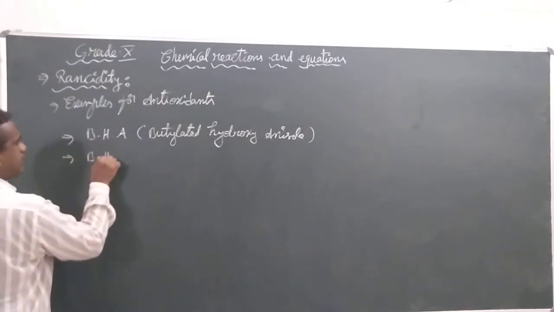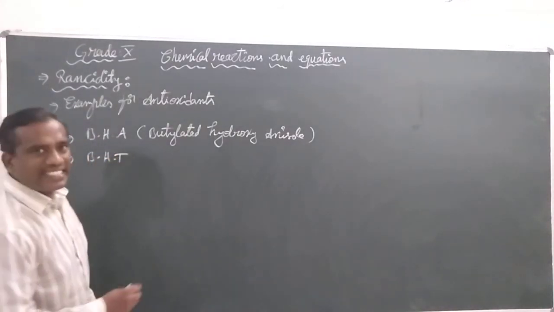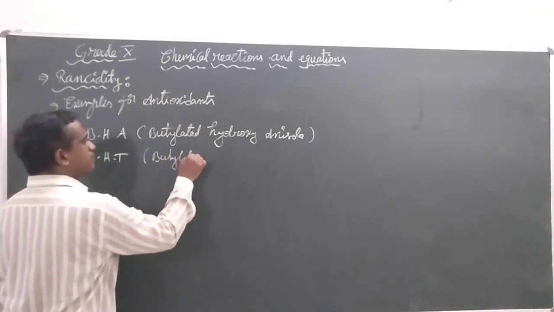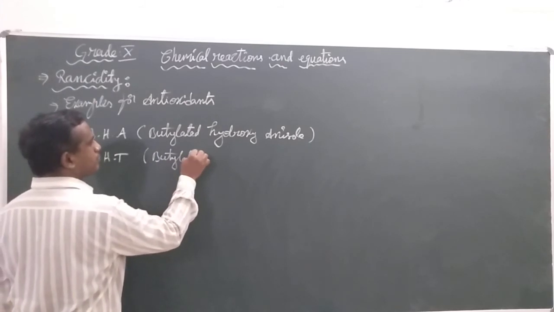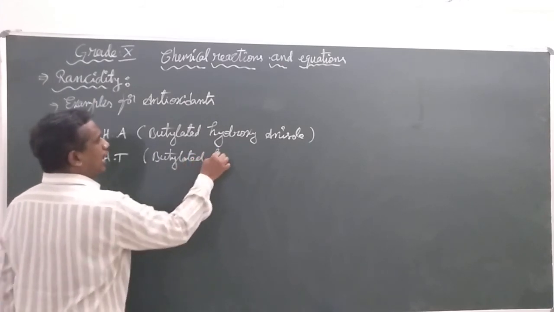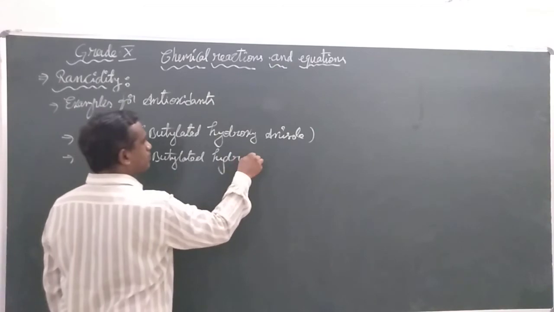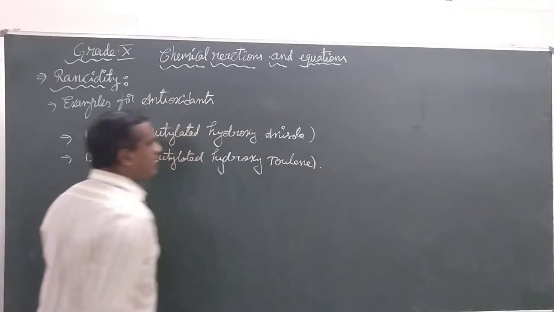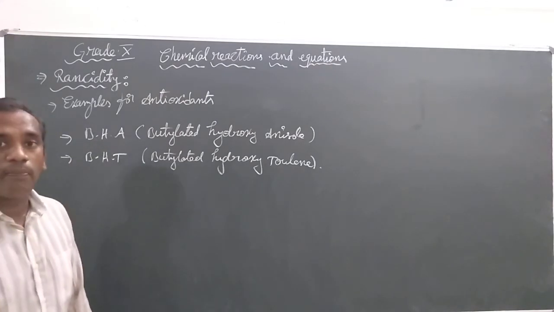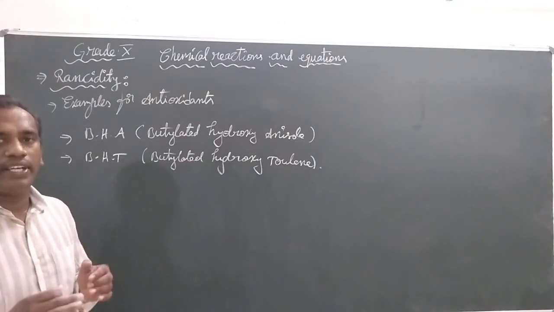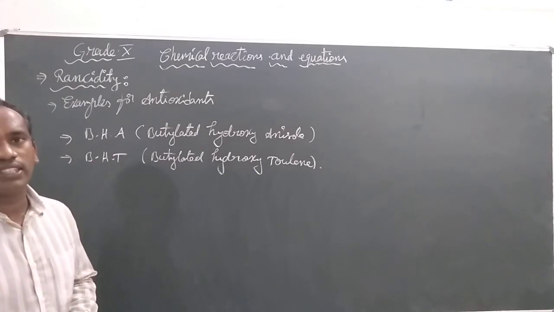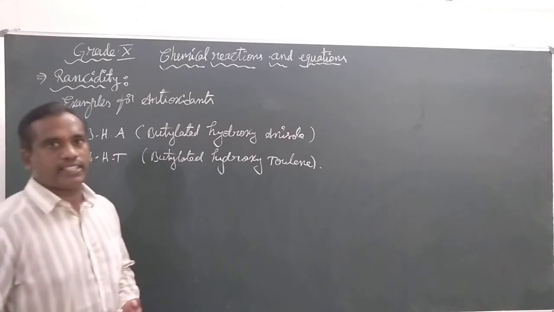Another example is BHT, butylated hydroxy toluene. These are also added to food to prevent it from undergoing oxidation. So they are called antioxidants.